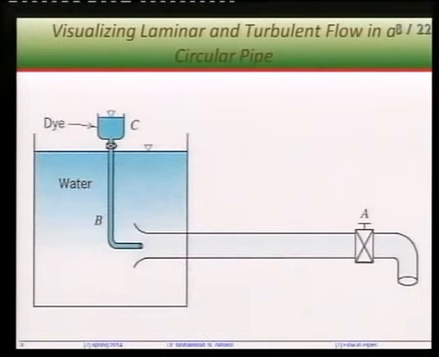Did you come across this as well? Now, I can just explain it quickly. Imagine that we have this reservoir, the flow that will get started because of opening the valve here will get its potential from this elevation of water here. Now, if you add a dye, what does it mean, dye?